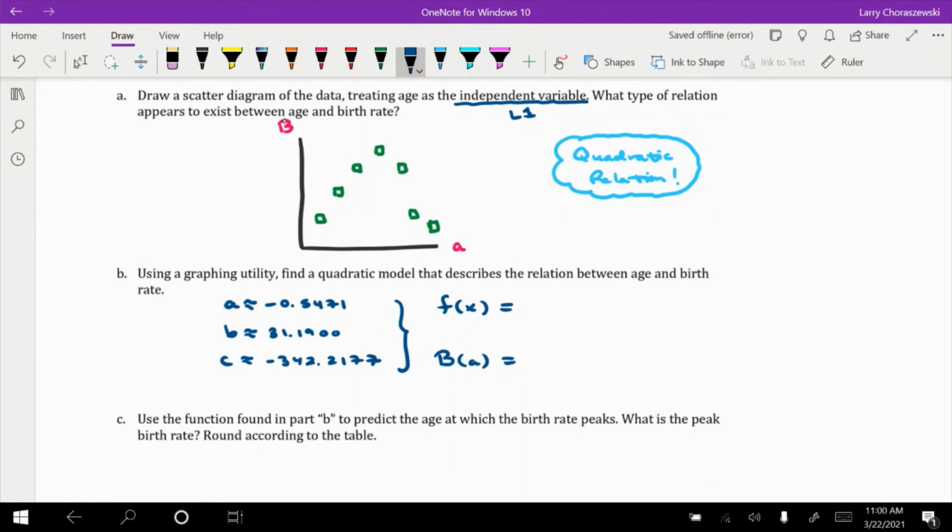So just put these values into your function. Okay, that would be one version of it. And of course, you could use a instead of x to get a function that uses variables more specific to the problem.